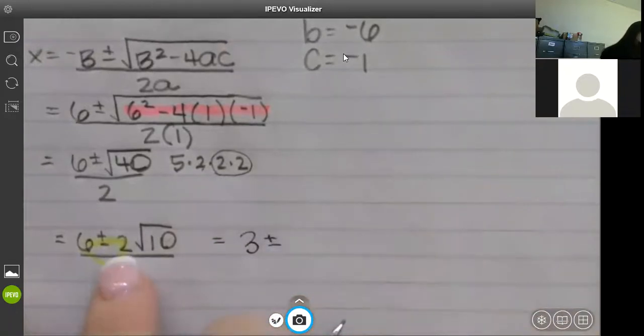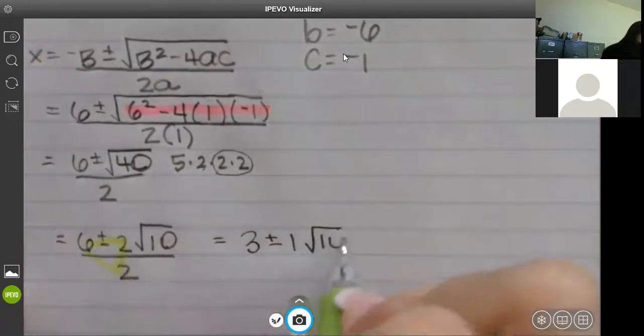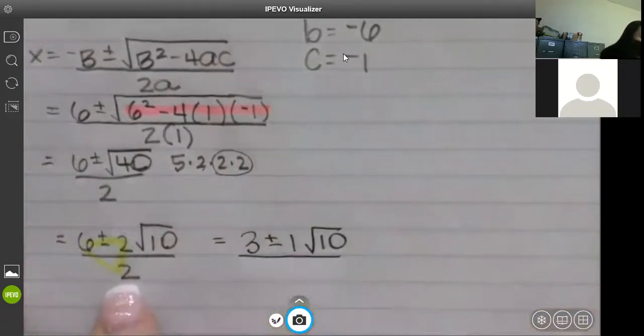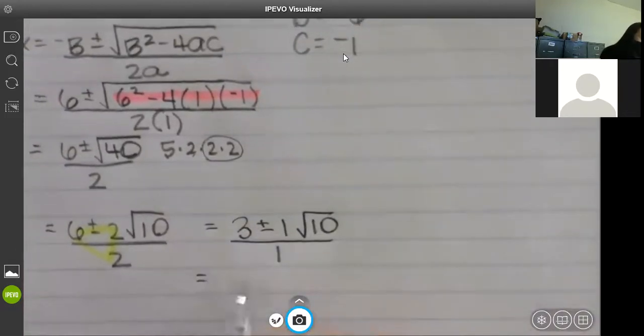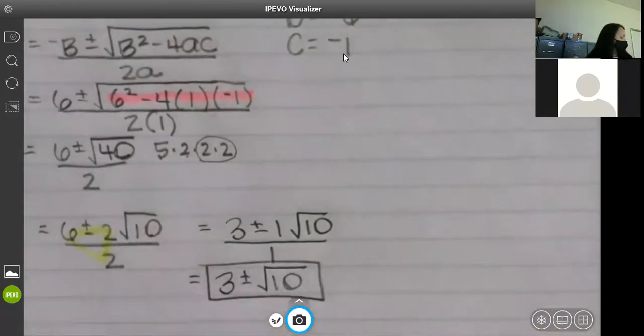Plus or minus, what's 2 divided by 2? 1. Do not touch the square root. Leave it alone. 2 divided by 2 is 1. Remember, when we're doing this, we don't need either one of those ones. So your final answer is 3 plus or minus square root 10. Quadratic formula is very long. It is not hard. Okay, it's very long, but it's not hard.